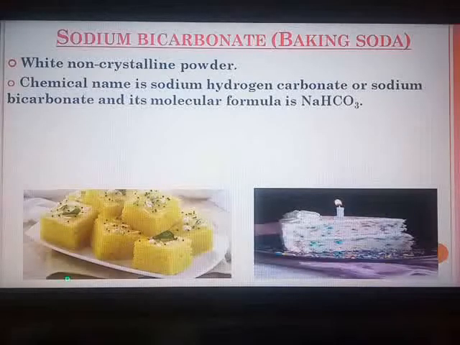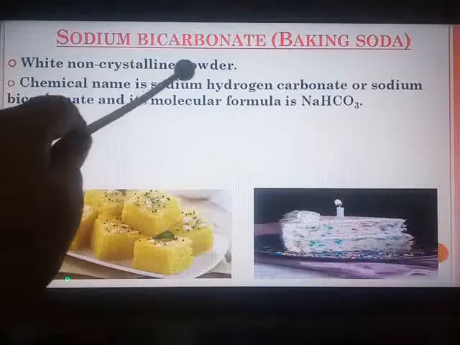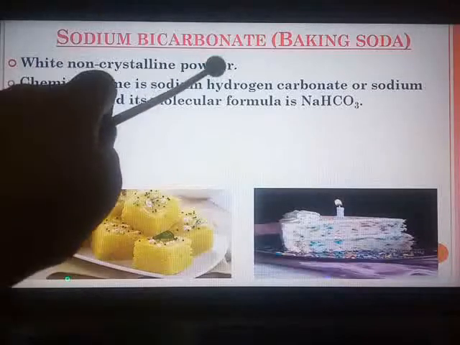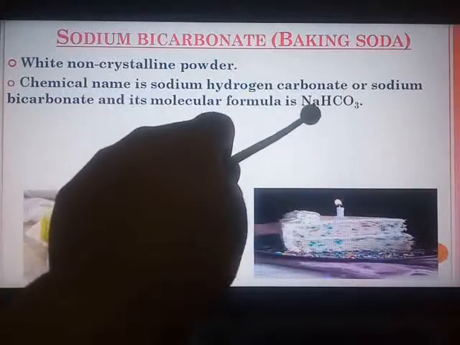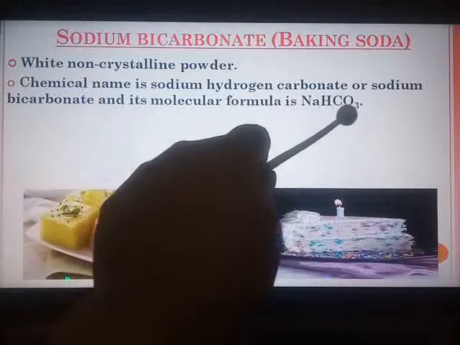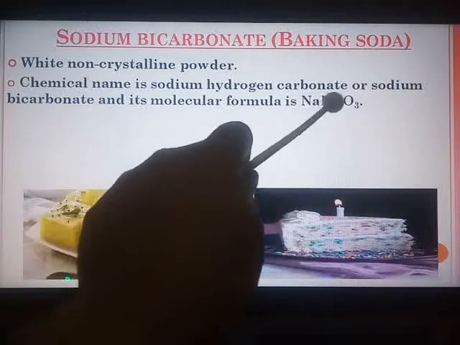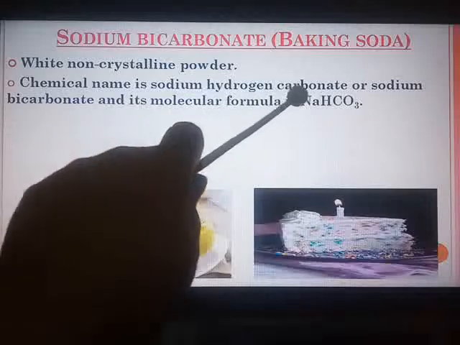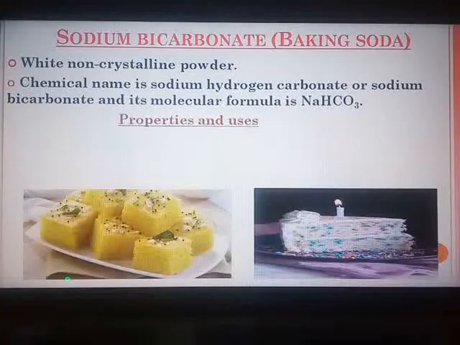Chemical name of baking soda is sodium hydrogen carbonate or sodium bicarbonate. Why sodium hydrogen carbonate? You can see its molecular formula NaHCO3. So sodium bicarbonate, which is commonly known as baking soda, is also called sodium hydrogen carbonate and has molecular formula NaHCO3.